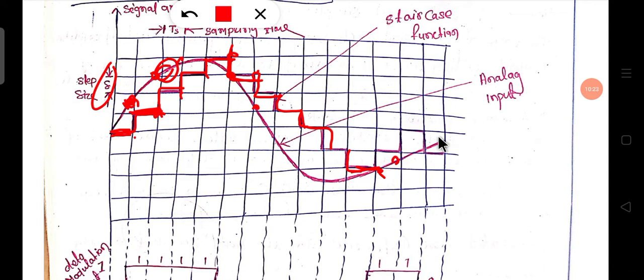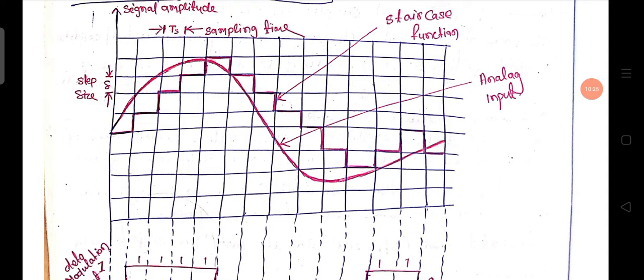That means this level is always compared with the next amplitude of the analog signal, and this level is compared with the next amplitude of the analog signal. So if it is higher than the level, it goes one step up, and otherwise down.